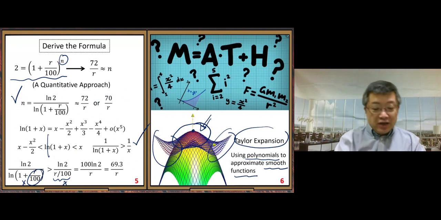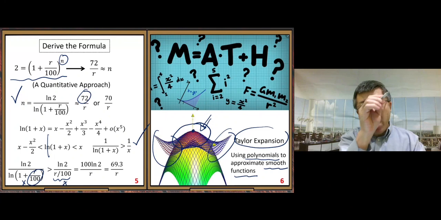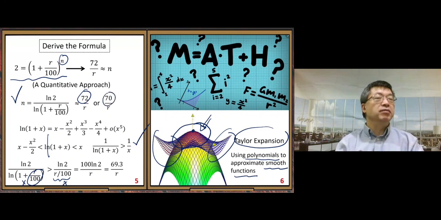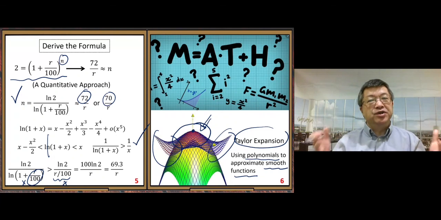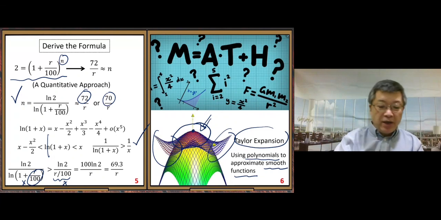The reason the rule of 72 is actually more popular than the rule of 70 is that we usually have more chances to use the rule of 72, because 72 equals 8 times 9, which equals 2 cubed times 3 squared.